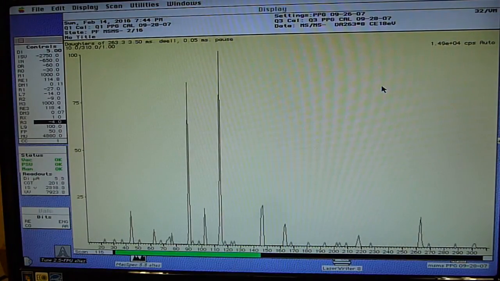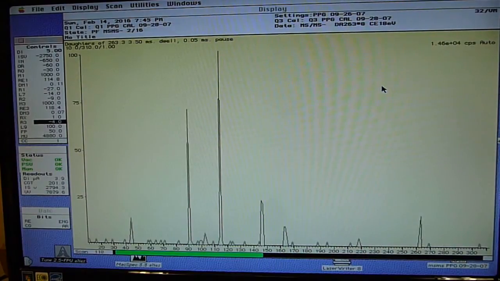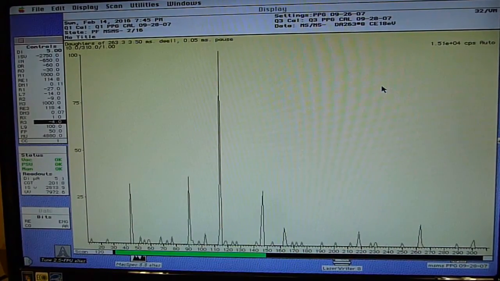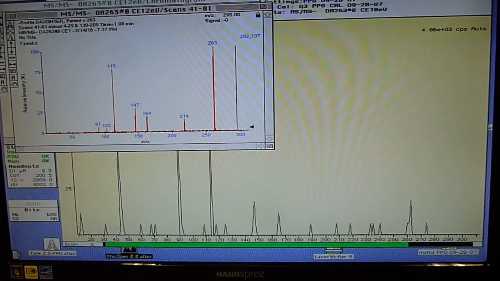We'll let it run to 250, then stop and restart. Alright, I've opened up the data file for the lower collision energy. Let me open up the data file for the higher one.